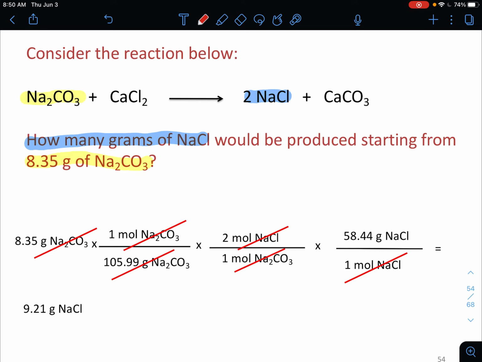Just like in any conversion problem, I can make a flow chart of what I'm trying to do. It's going to be grams of sodium carbonate to moles of sodium carbonate to moles of sodium chloride to, ran out of room there a little bit, grams of sodium chloride.